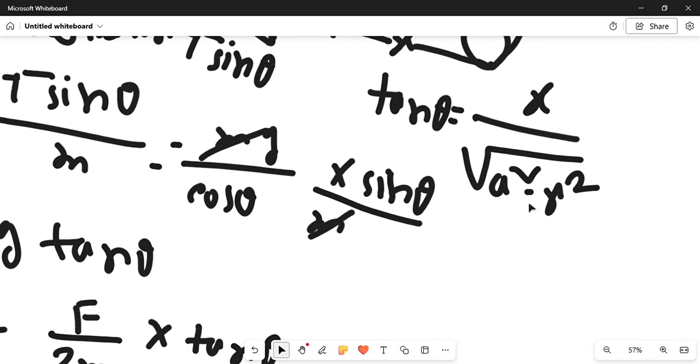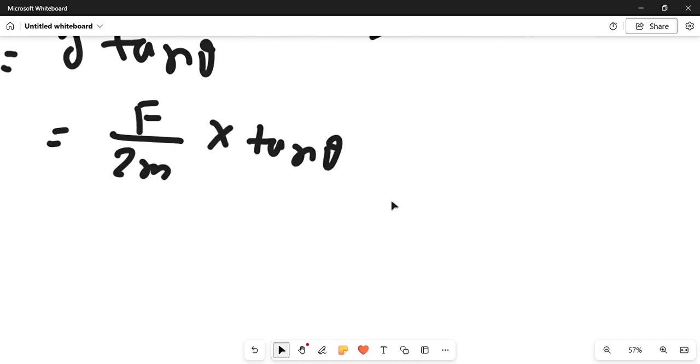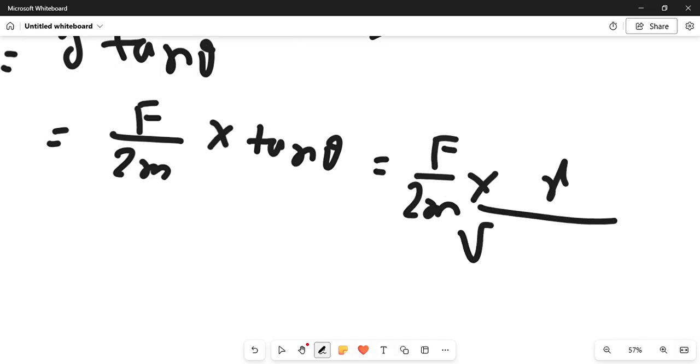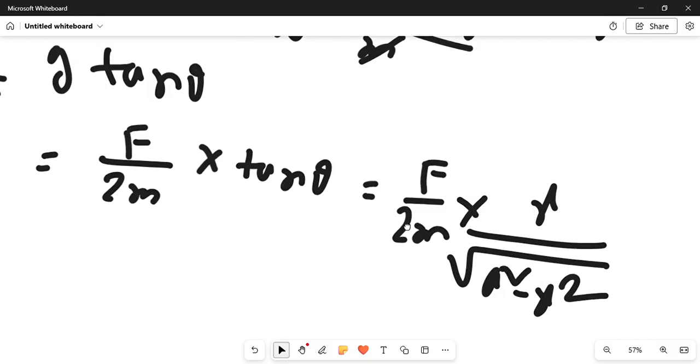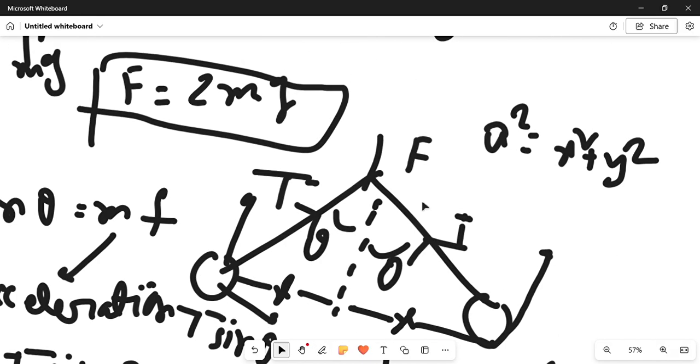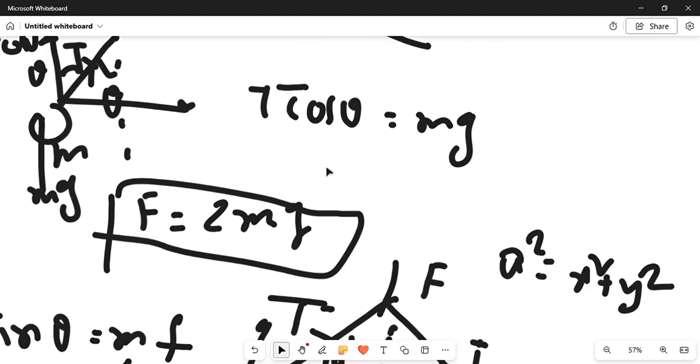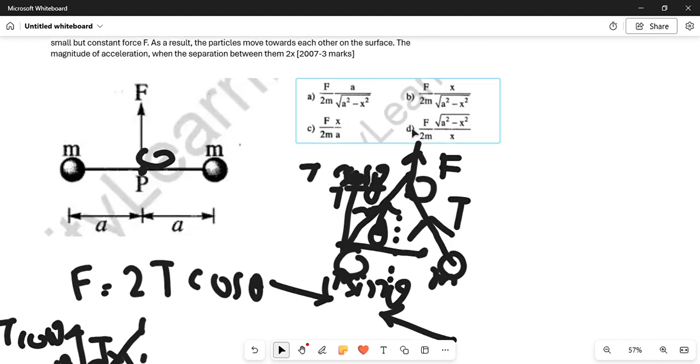Substituting this, tan theta is equal to x by root over a square minus x square, and putting this in the equation, f is equal to F by 2m times x by root over a square minus x square. So which option is correct? This is option B, okay.